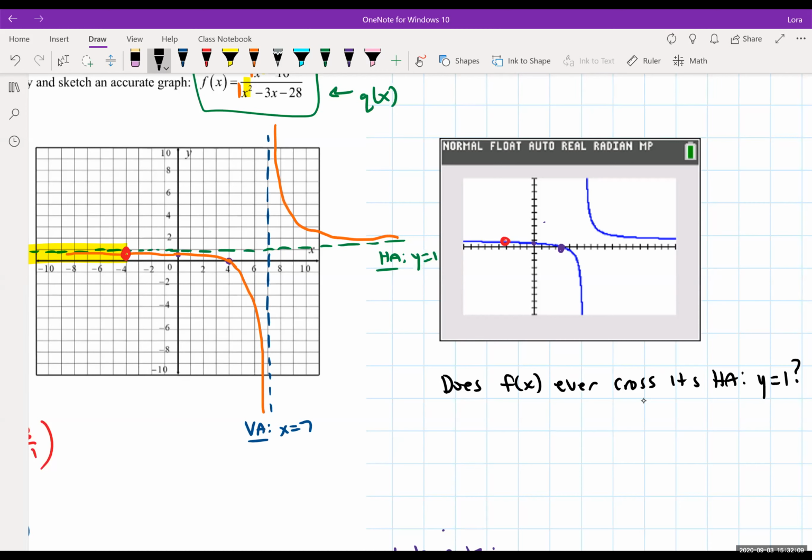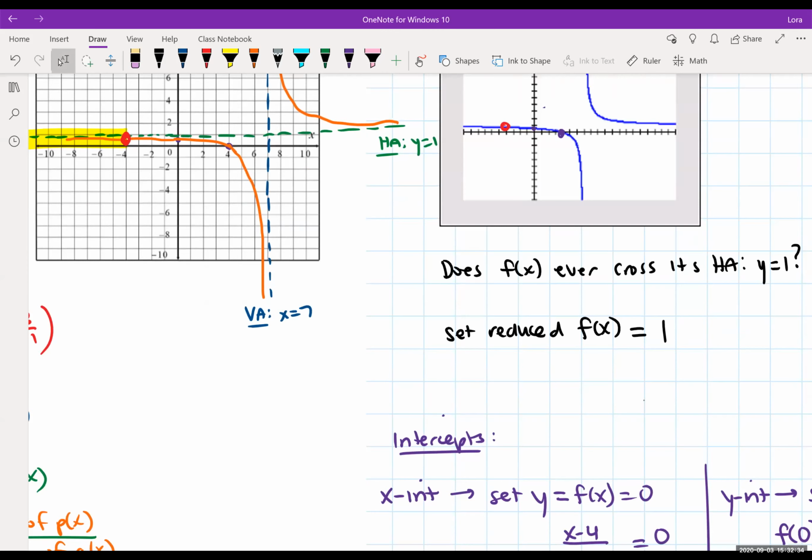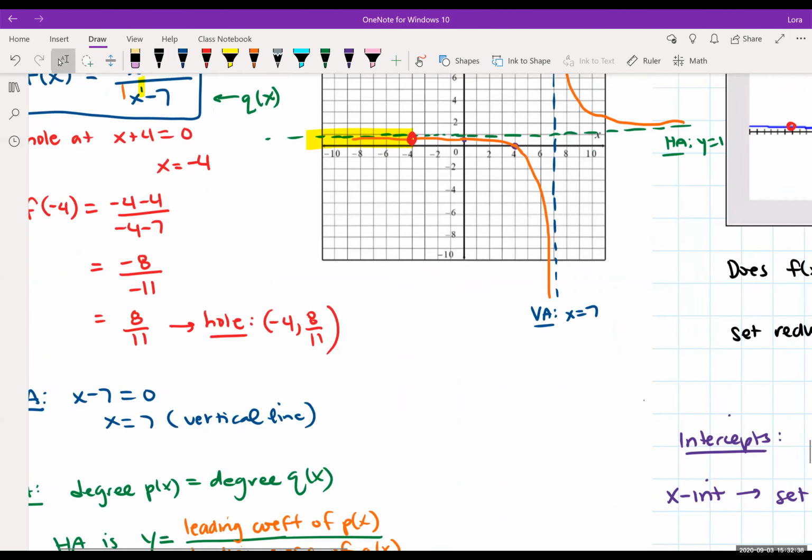The way to figure this out without needing a calculator or just guessing 50-50 chance it does and doesn't, we told you that you can set your reduced function, if it's reducible, or just set your function, equal to the value of the HA. So in our case, the value of the HA was 1. And then see what happens. So for instance, x minus 4 over x minus 7.